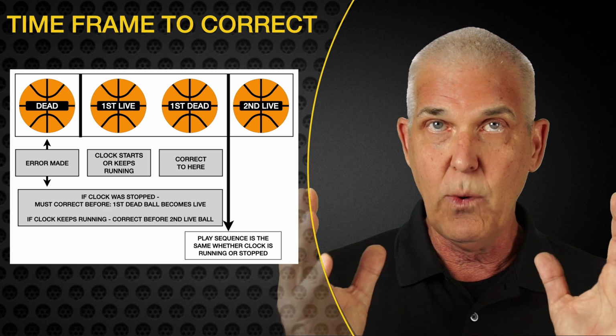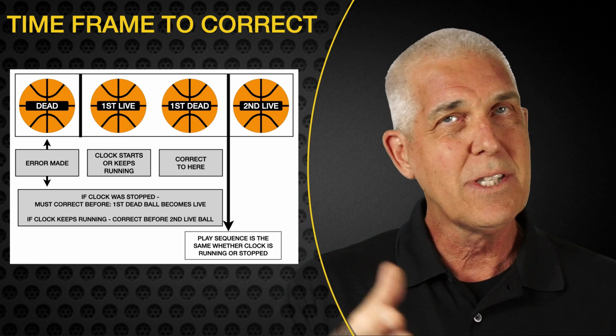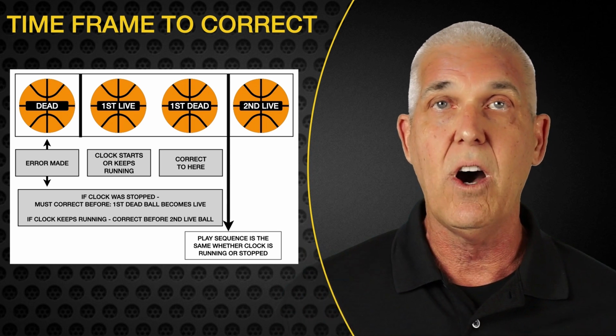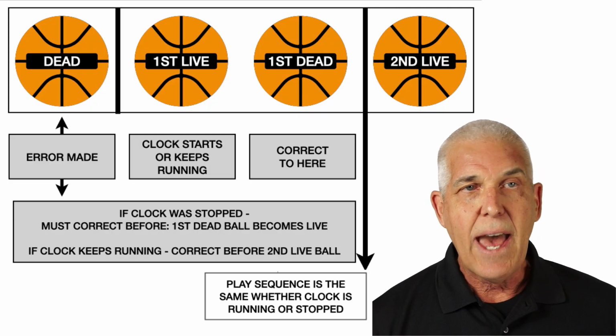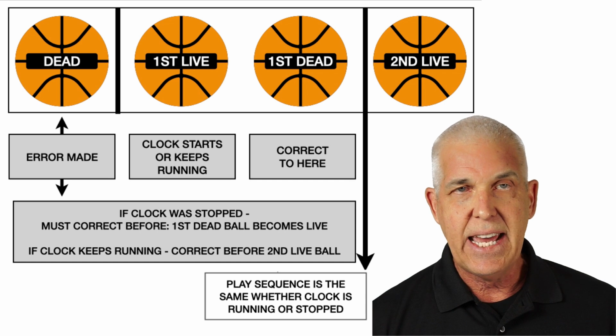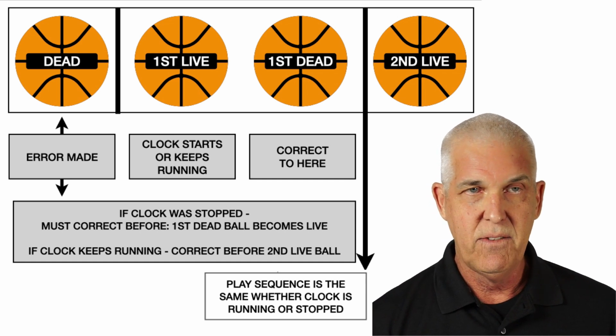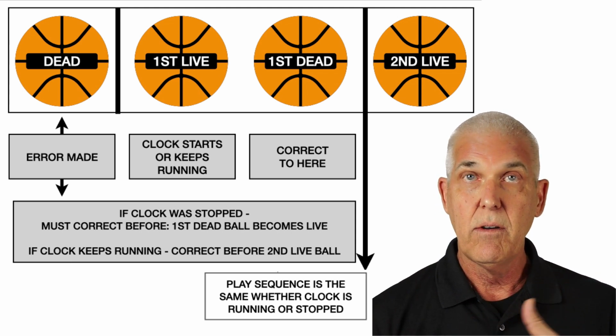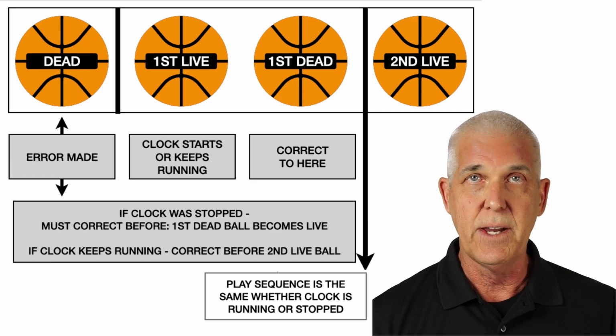And during that time, we can make a correction. But once it becomes live again, we're going to move on without making the correction. So having a solid understanding of dead, first live, first dead, second live is really critical to have an understanding of our window of time and our time frame.